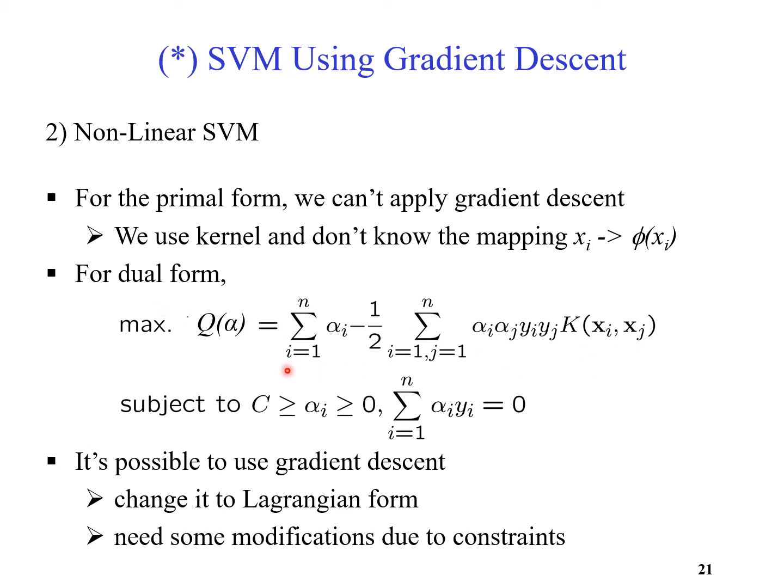You differentiate this, and you also have some constraints here, so we make some modifications when running gradient descent, but generally speaking, you are able to solve this dual with the kernel using gradient descent, with a little bit of modification. One assumption is that this kernel function is differentiable. That's quite a general assumption.